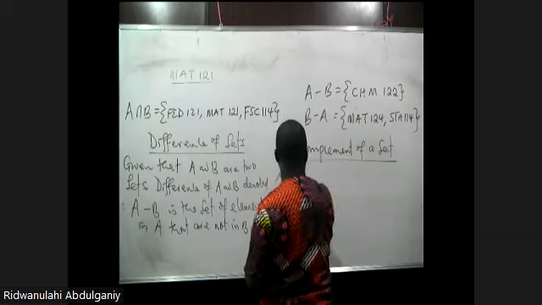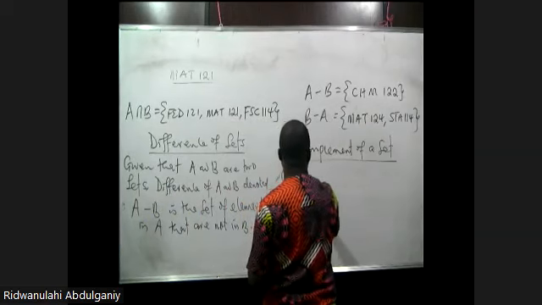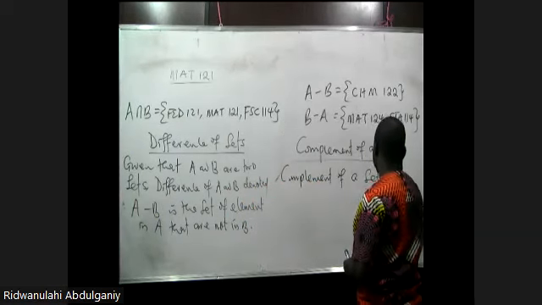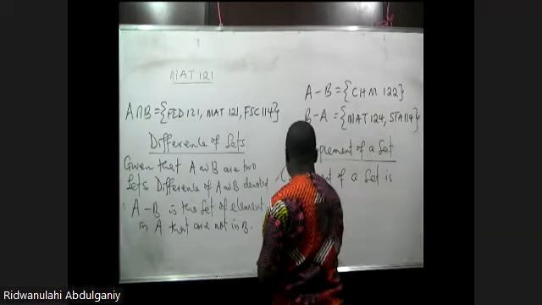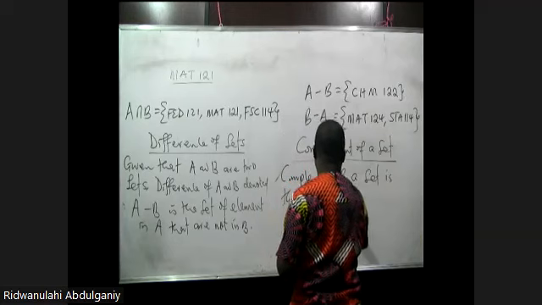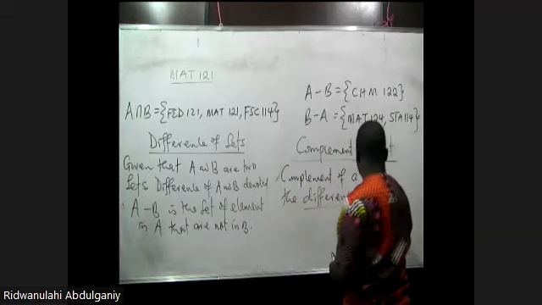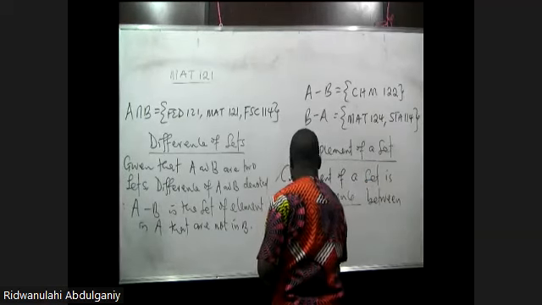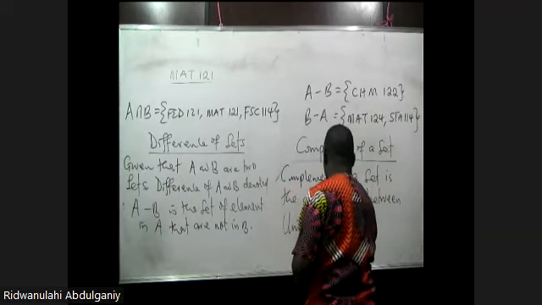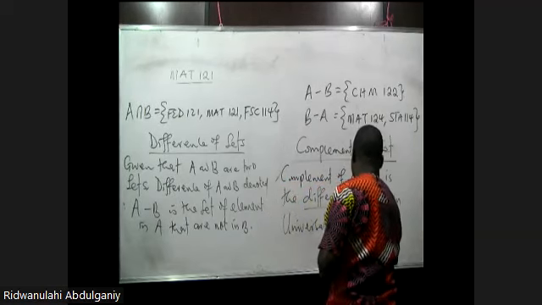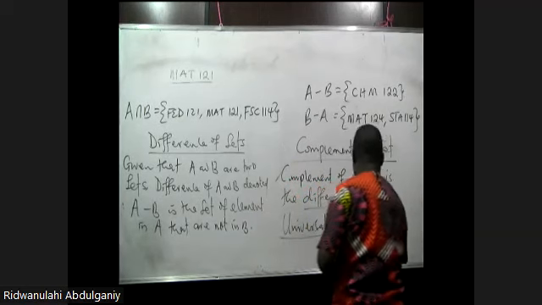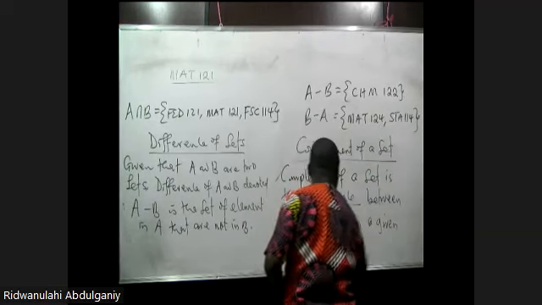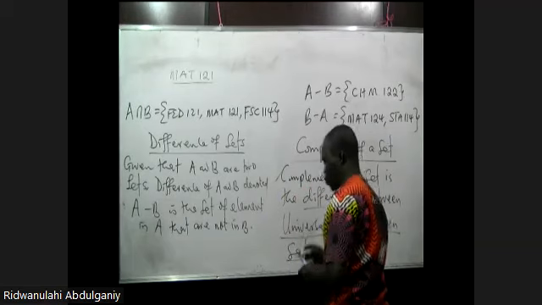So, complement of a set is the difference between universal set and a given set. Full stop.